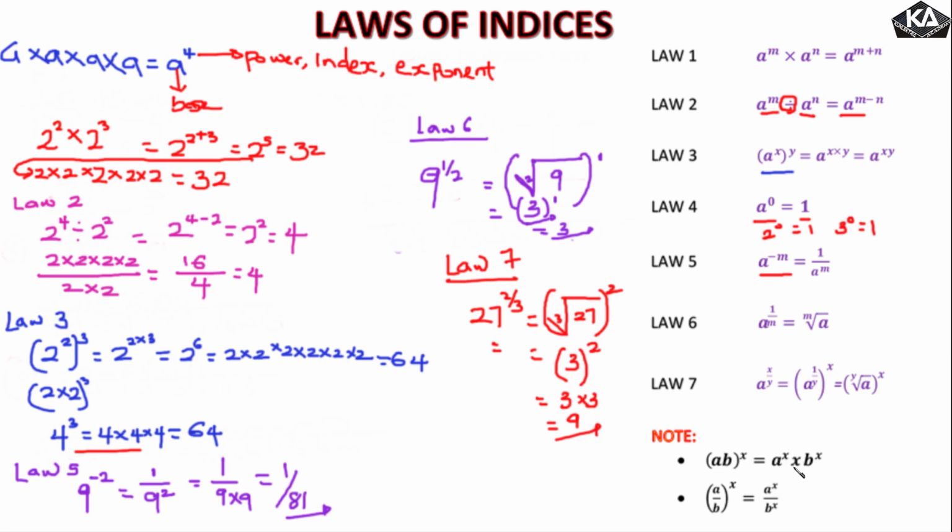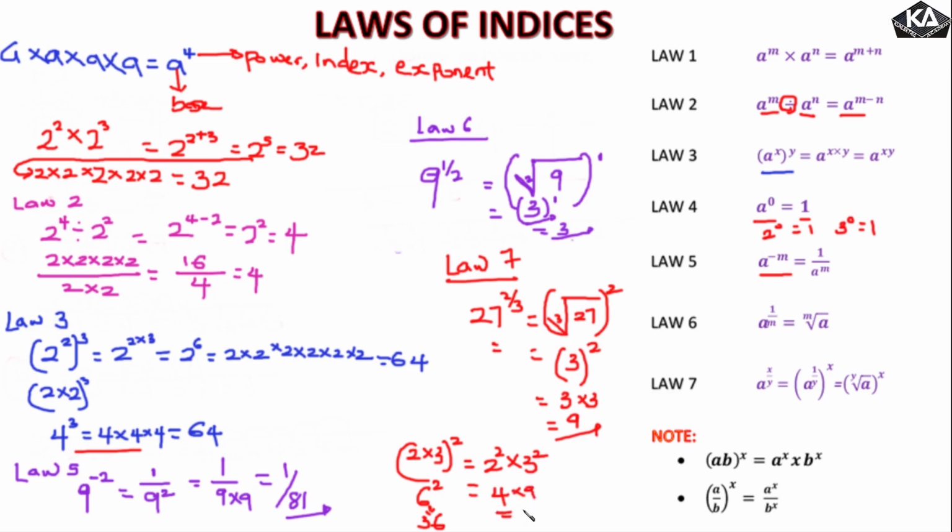For example, when you have 2 times 3 raised to power 2, that will give us 2 raised to power 2 times 3 raised to power 2. This can as well be 6 raised to power 2, and you have 36. Also, this is 4 times 9, and that will give us 36.